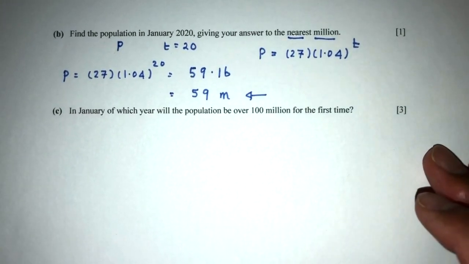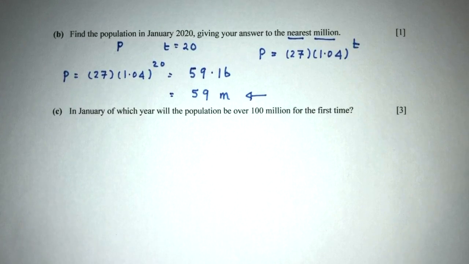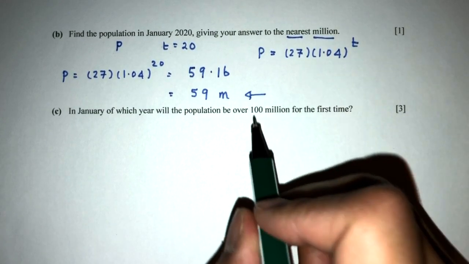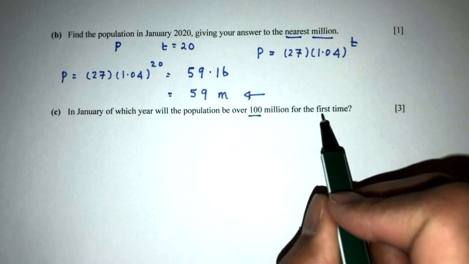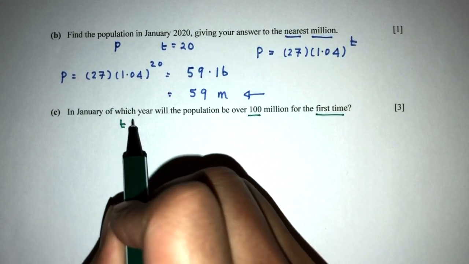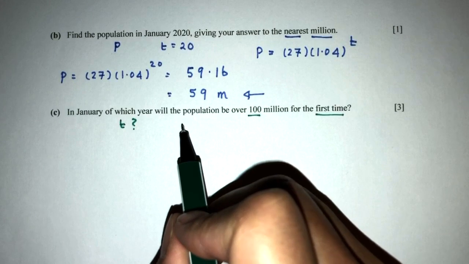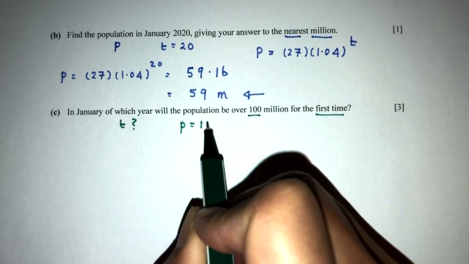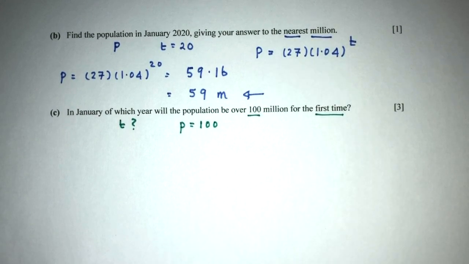Now for part C, in January of which year will the population be over 100 million for the first time? So let's do that. We're trying to find the value of time t when the population P has to be 100 million.